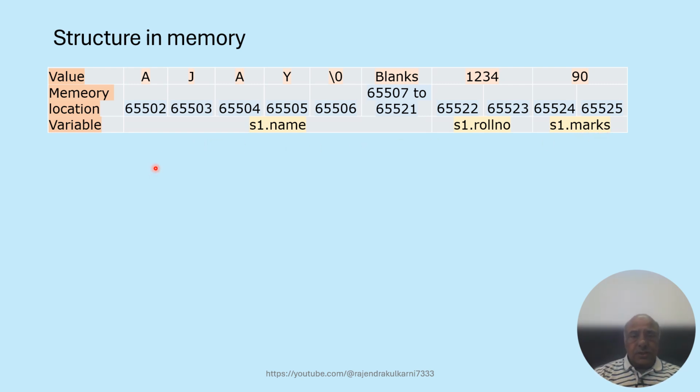What we can see here is when a structure element is declared and assigned values, the compiler allocates contiguous memory locations for each structure variable declared and used by the user.